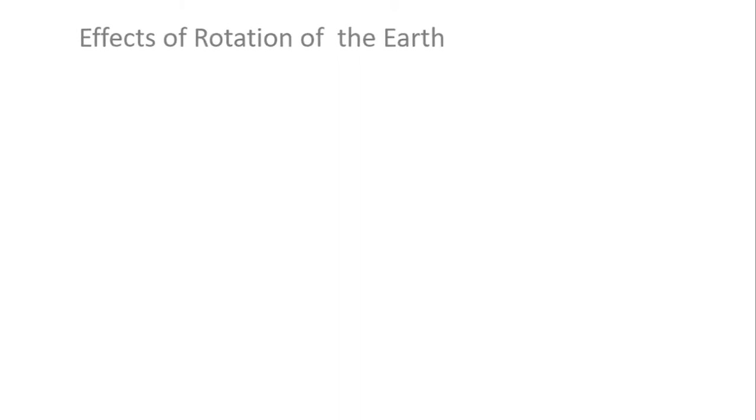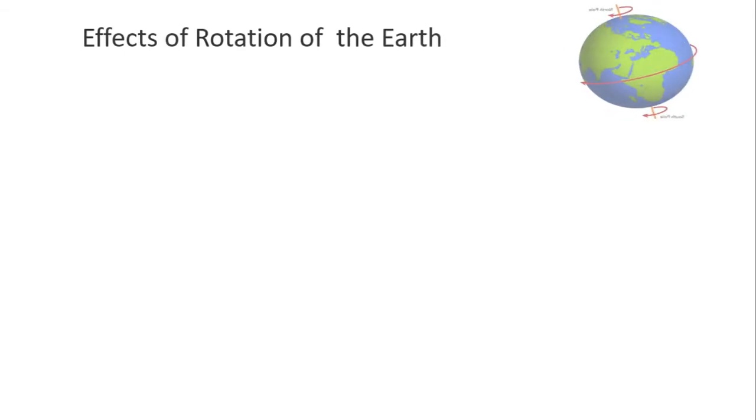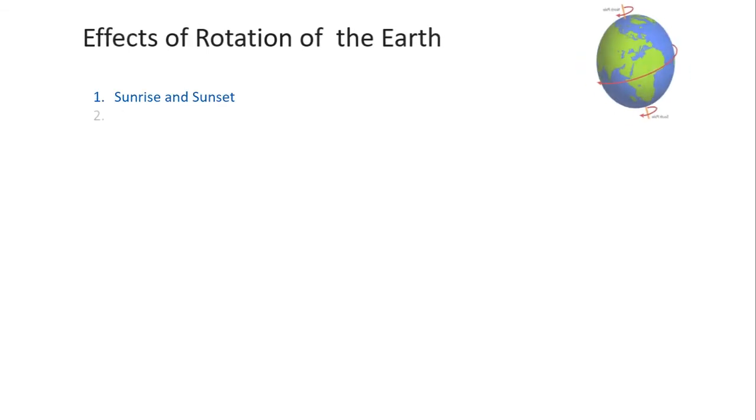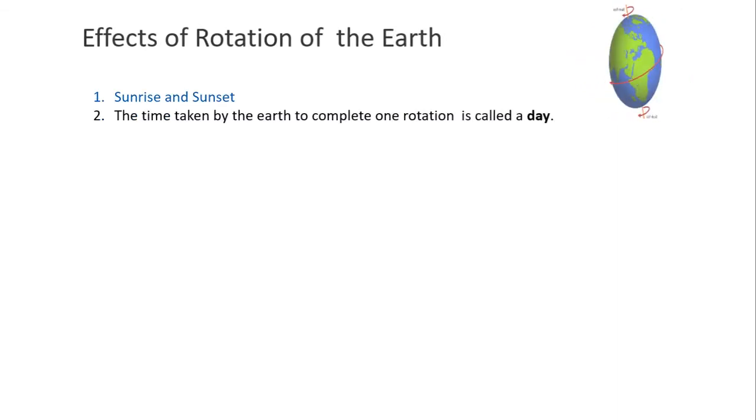As the earth rotates, its different parts come into the light of the sun successively and also turn away from the sun in the same order. Effects of rotation of earth. Number 1, sunrise and sunset.